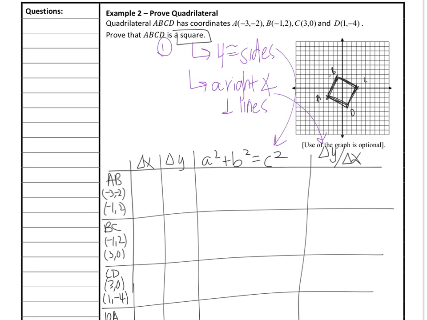So AB, I'm going to take my x's and subtract them, -3 minus -1. Double negative turns to positive, so that becomes a -2. Then I have -2 minus 2 for the y's, which becomes -4. Now, if you are looking on a graph and you are doing your change x and change y graphically, you have a rise of 4, so that's +4 for your change y, and a run of 2, so that's a +2 for your change x.